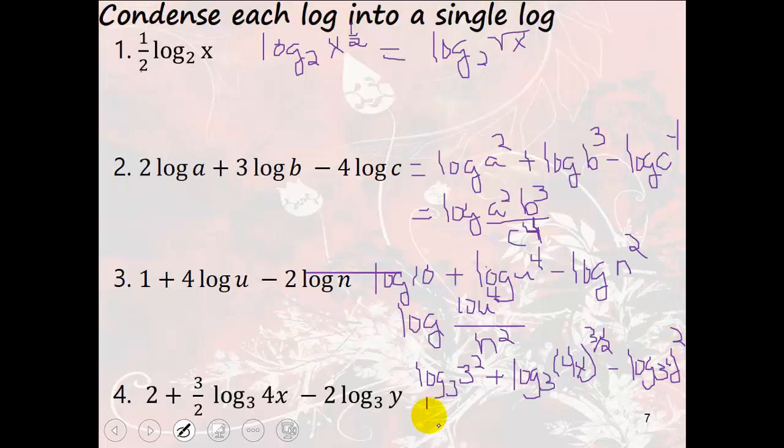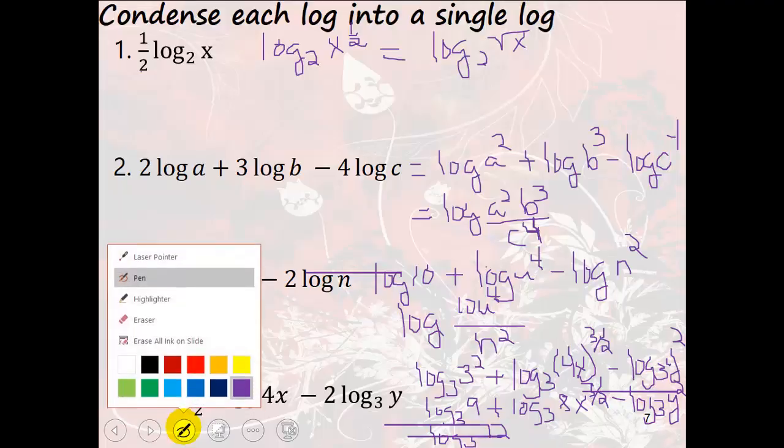So this is log base 3 of 9 plus log base 3. Now I'm going to think about this. The square root of 4 is 2, and 2 cubed is 8, so that becomes 8x to the 3/2 minus log base 3 of y squared. So I'm going to get log base 3 of 72.